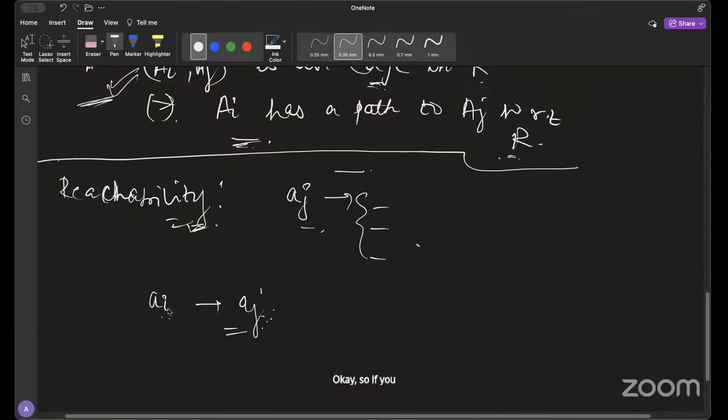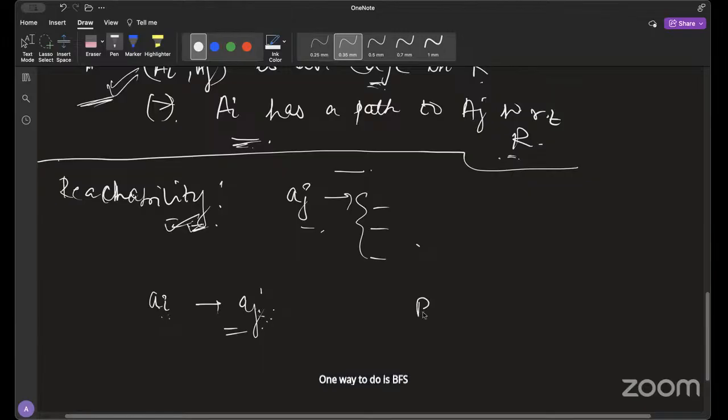If you want an edge from AI to AJ, you need a path from AI to AJ in the original graph. And finding whether there is a path from AI to AJ or not is what reachability does, and one way to do it is the BFS approach.